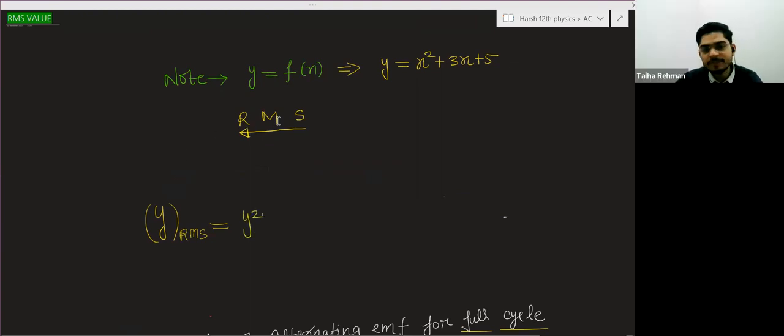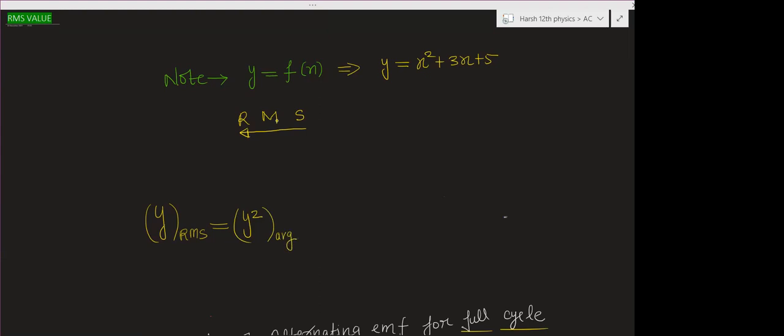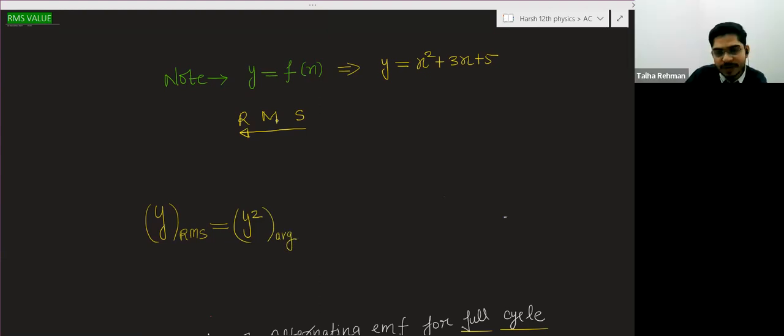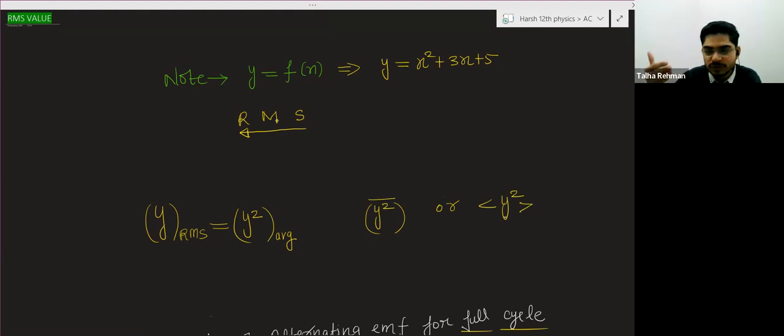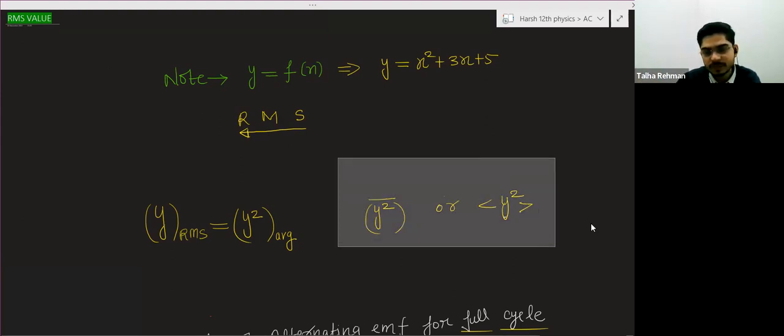After that you will take the mean, means average, of y square. Or we can write average of y square, we can write like this also. Depending upon the books, depending upon the person, there are different ways to represent.